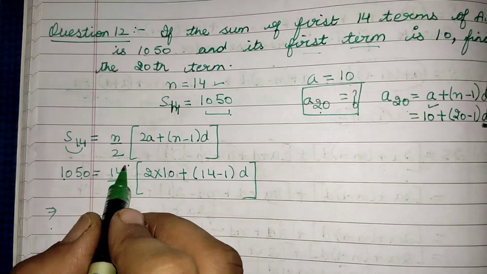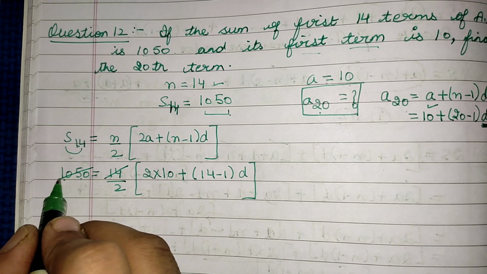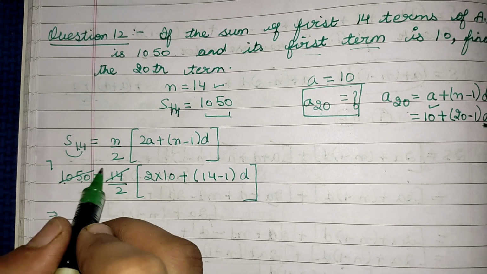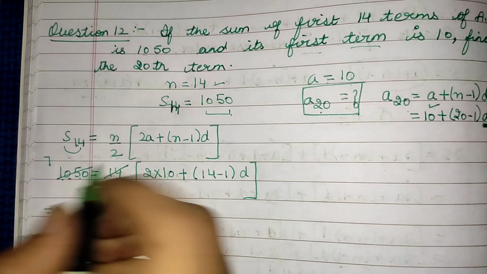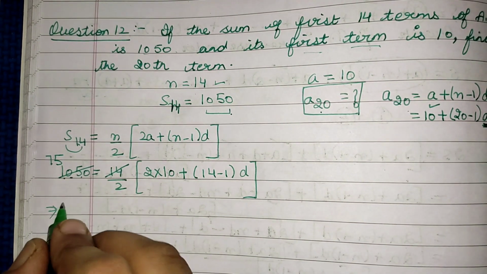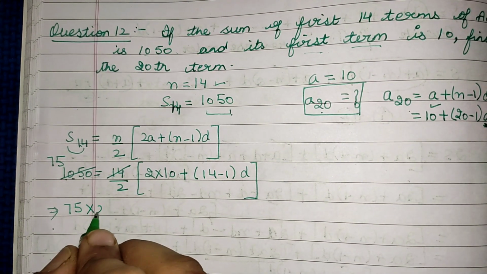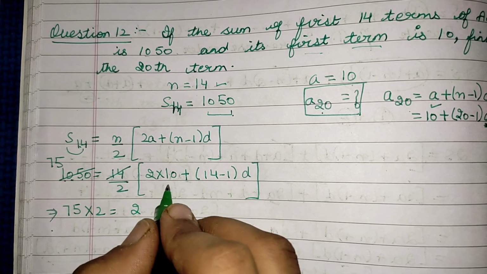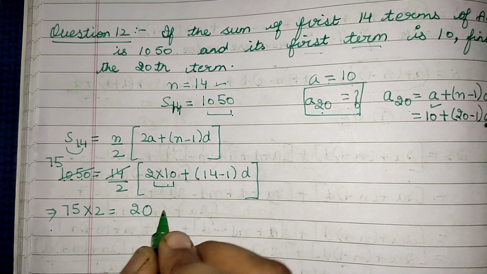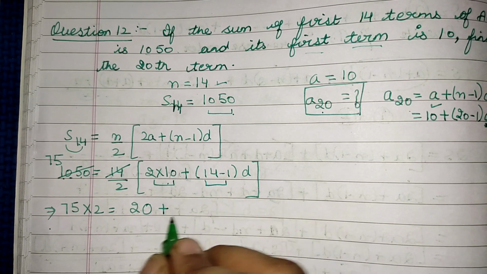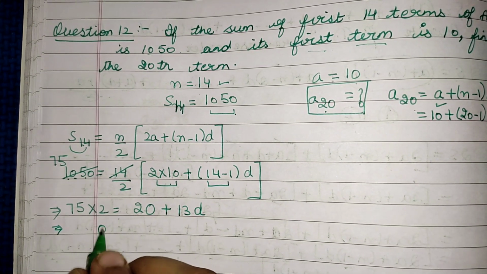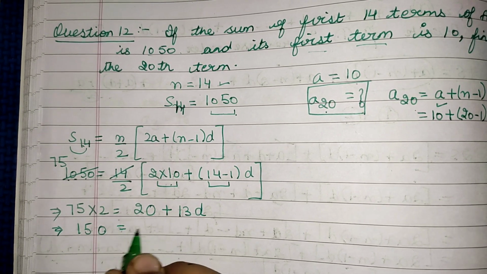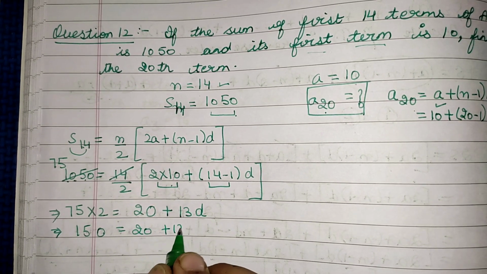If I cancel this, I get 14 sevens are 98, and then 7 will be there, and 14 fives are 70. So I will get 75 into 2 is equal to 2 into 10, which is 20, plus 14 minus 1, which is 13, into D. So my answer will be 150 = 20 + 13D.